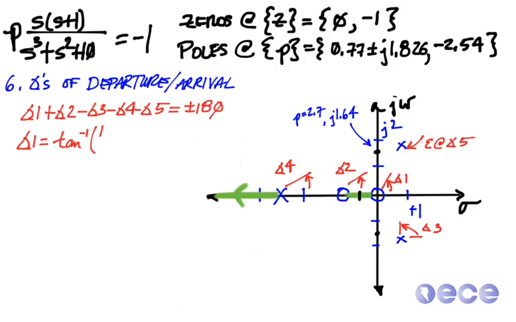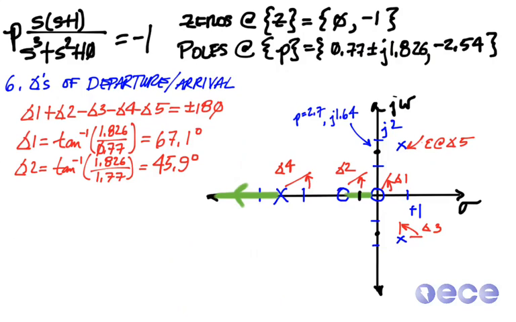So angle 1 is the tan inverse of 1.826 over 0.77, which gives us about 67.1 degrees. And by the way, we know where that is because our pole value is at 0.77, and the height is 1.826. So we're calculating these from the values that we already know from the poles.